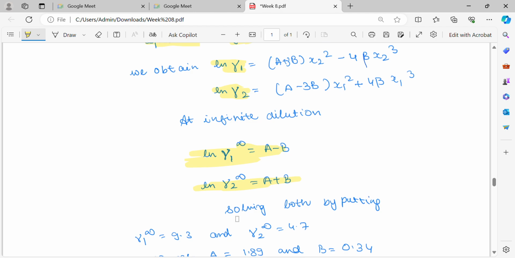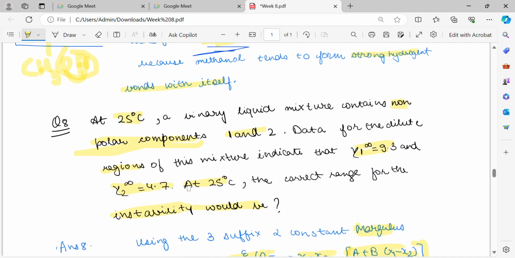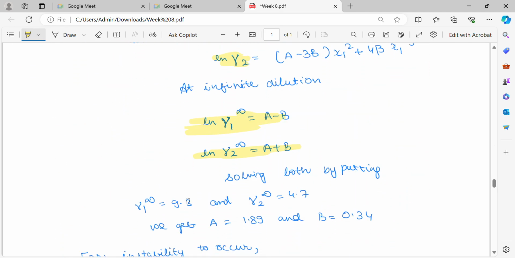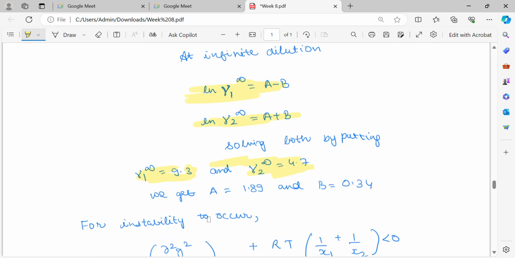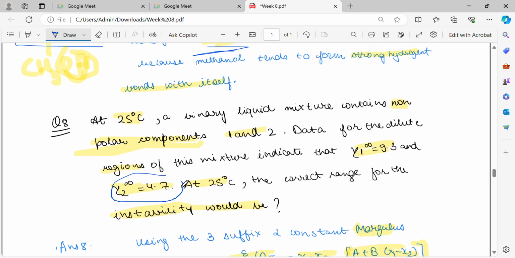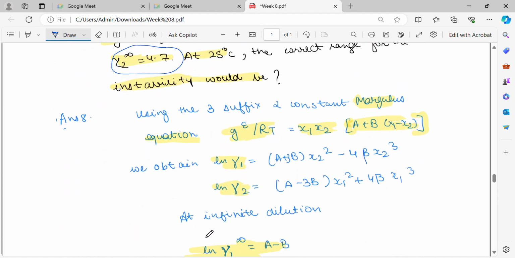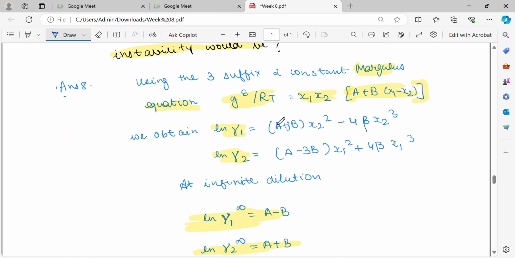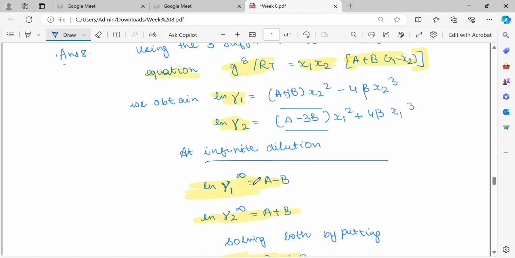Solving both equations, we already know gamma 1 infinity and gamma 2 infinity, so we get the a and b values. They have already been given. Putting in gamma 1 infinity, at infinite dilution, the value will be approximately a plus b and a minus b.